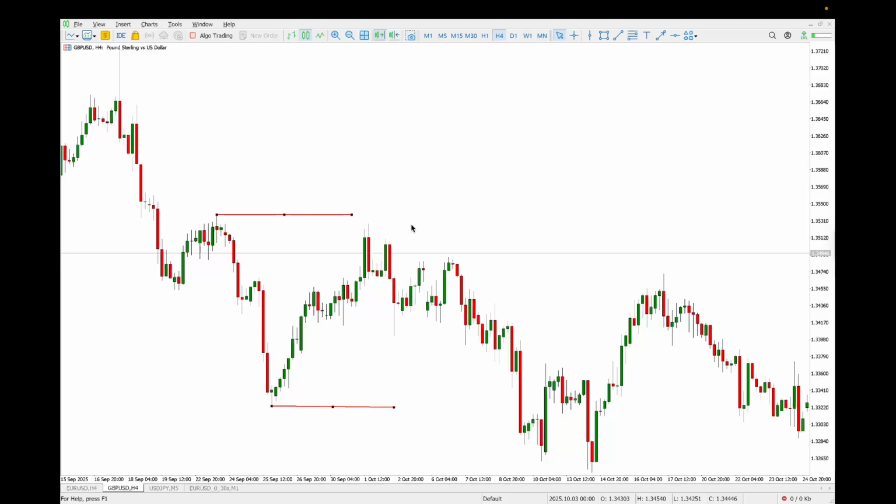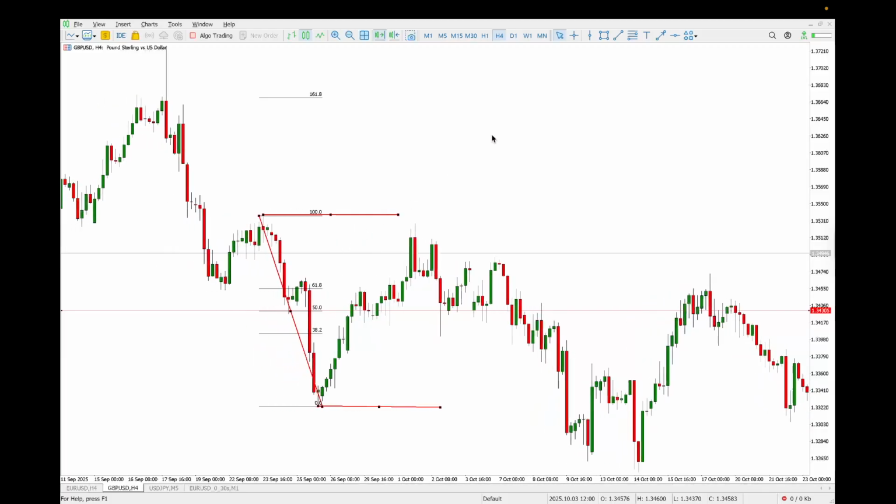And we should also mark out the 50%, which is done by drawing our Fibonacci level and using this to mark out the 50%. Now we have that figured out. The next thing is to also map out your liquidity zones.